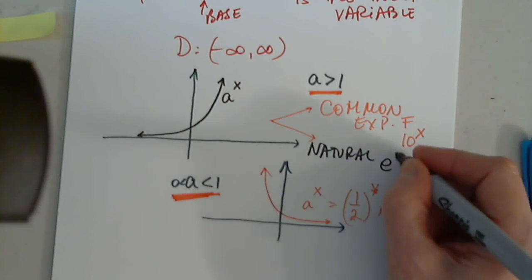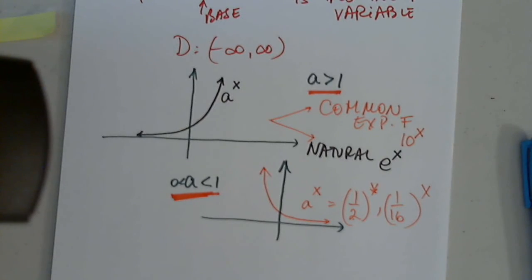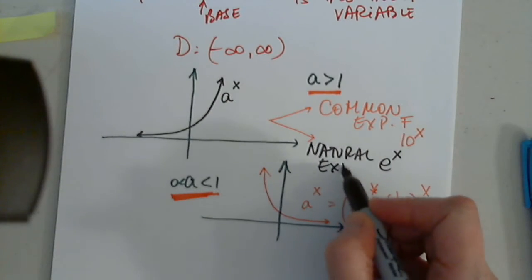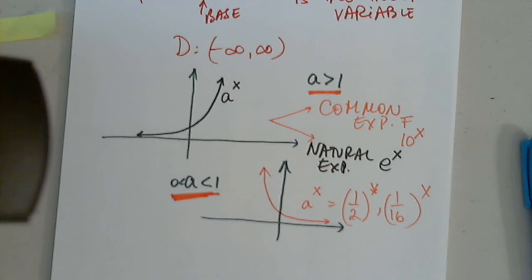So that's why it's called natural exponential function. They are so famous that they have their own key in the graphing calculator. It's right here. See, 10 to the x, right here. It's activated with the second key.